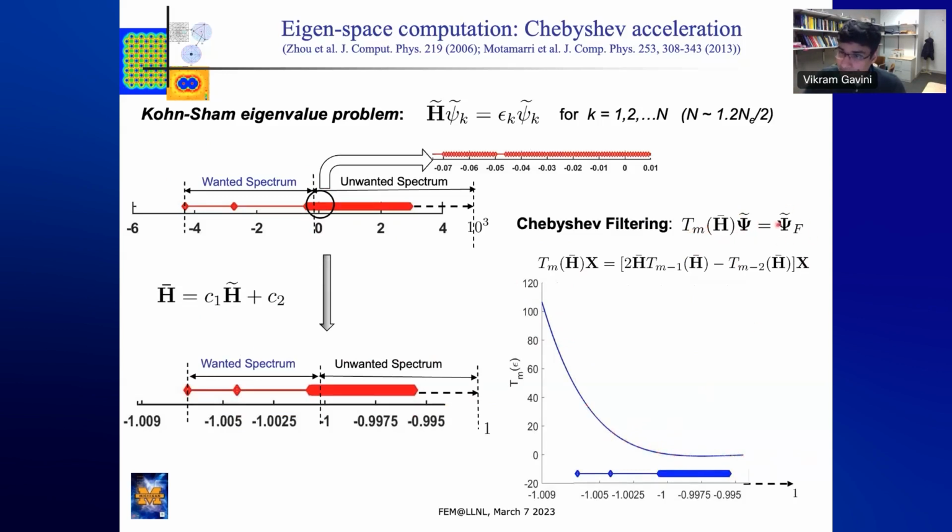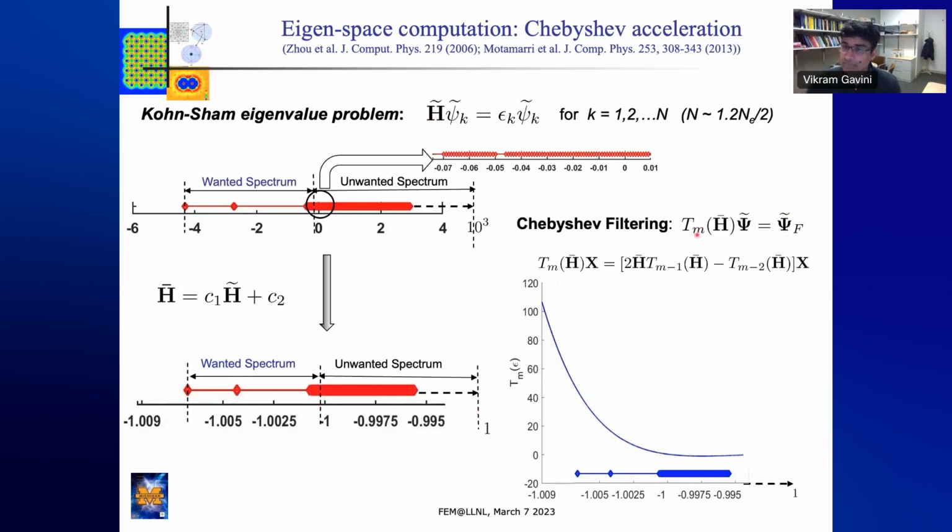So this eventual space that I end up with, which is denoted as the filtered vectors, is going to be very rich in the wanted spectrum. Hence, I can project this problem into the Chebyshev filtered space, which is a close approximation to the wanted spectrum, and then solve a smaller eigenvalue problem. So that's the general strategy.